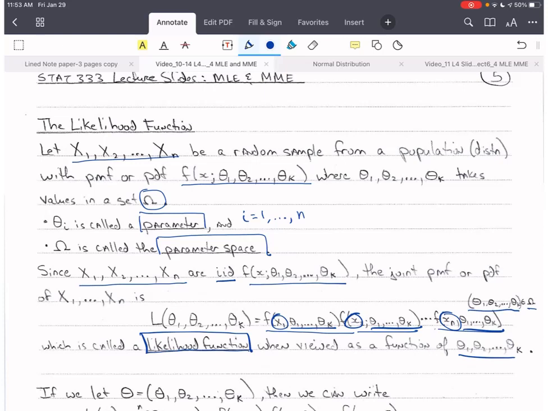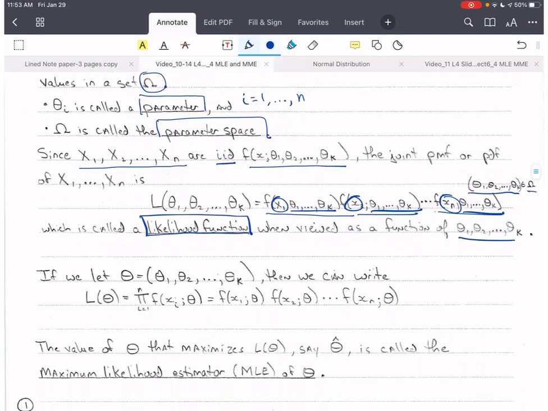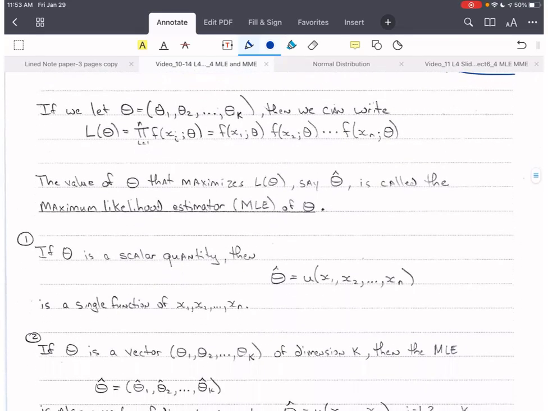So it's a joint PDF or PMF, but we're not going to use x as the variable. We're going to use the parameters as a variable. We want to find them. That's what we're interested in. We want to find the best estimate of the parameters that we can using the random sample.